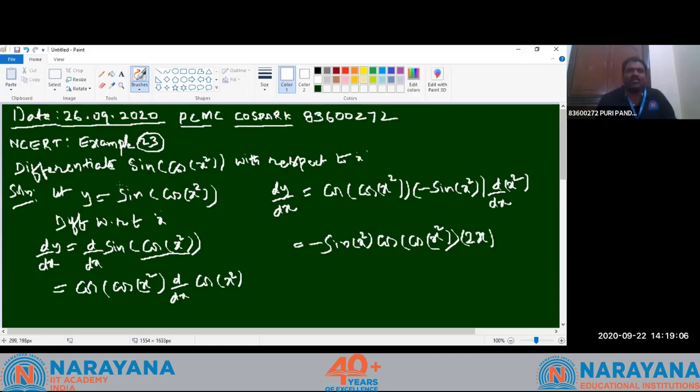Therefore, the differentiation of sin of cos x square with respect to x: dy by dx is equal to minus 2x into sin of x square into cos of x square. This is the required answer.